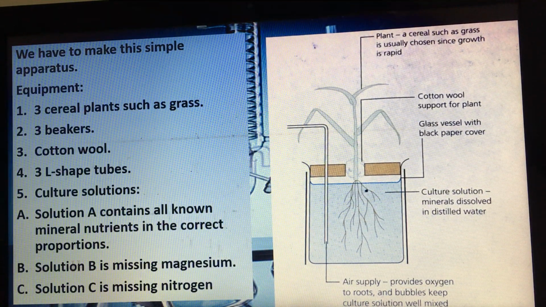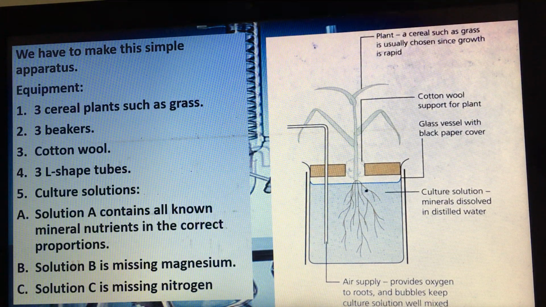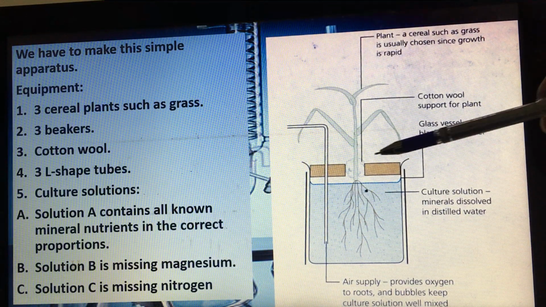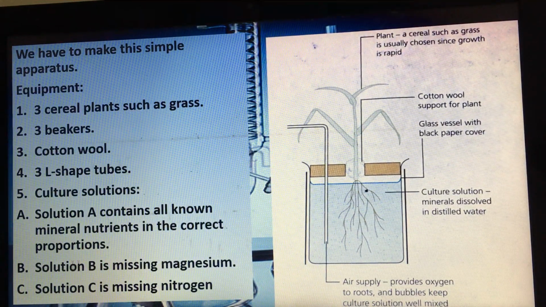So we cover it with black paper to prevent photosynthesis and make the test fair, because one of the solutions is missing magnesium. If one of the plants in the beakers carried out photosynthesis, that would make the test unfair. We also have cotton here to support the plant and to prevent direct contact with the surroundings.